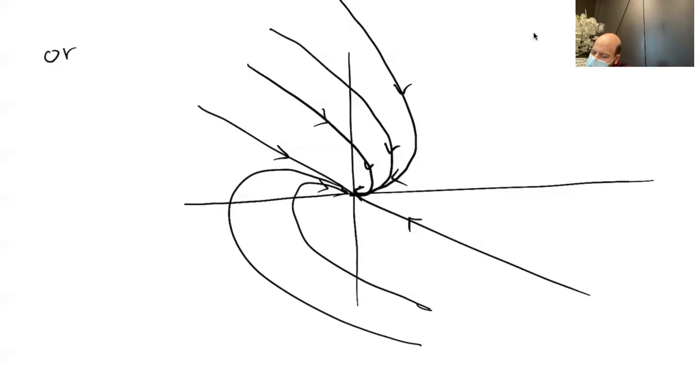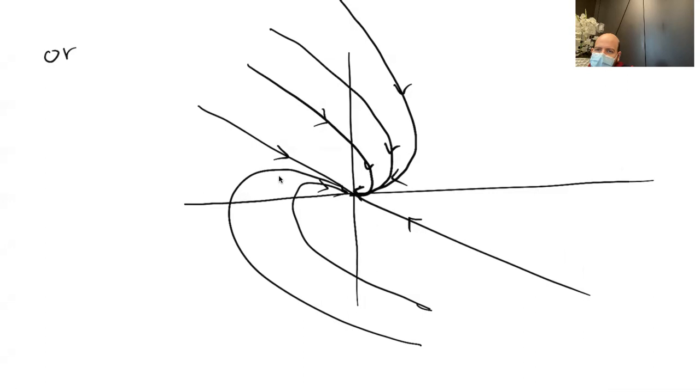The phase portrait looks like one of the following forms, either like this or like this. In each case, as you can see, there is one eigenvector, only one straight line.